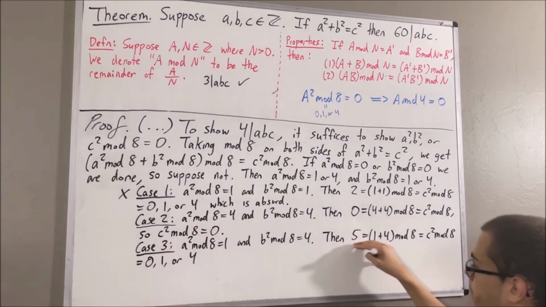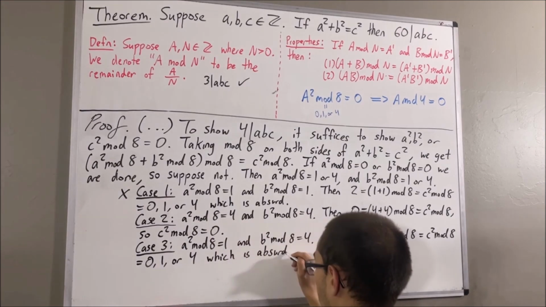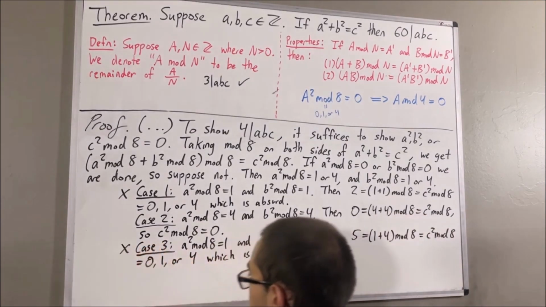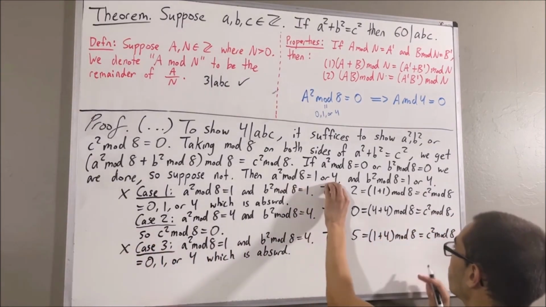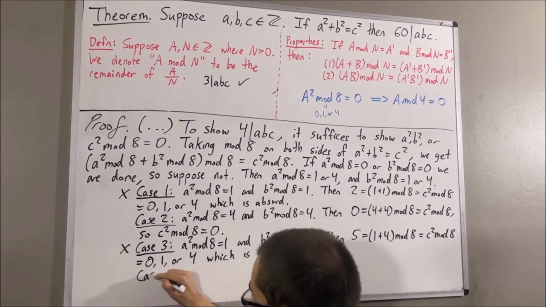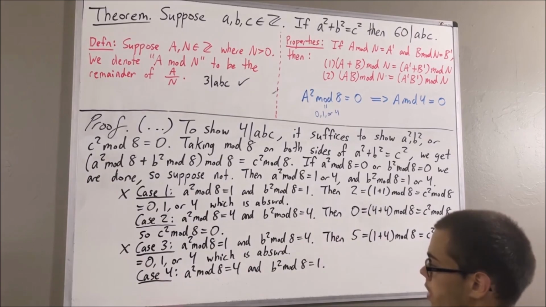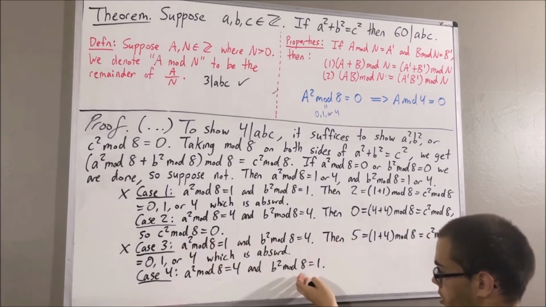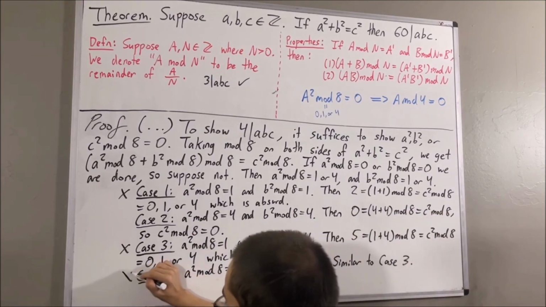So we see that 5 is equal to 0, 1, or 4, which is absurd. So in this case, we get a contradiction, so this case is impossible. Let's move on to our final case, where this guy is equal to 4, and this guy is equal to 1. Well, it turns out we get a similar argument as case 3, we get a contradiction. So this case is impossible.